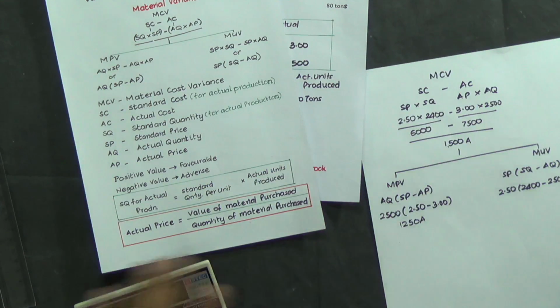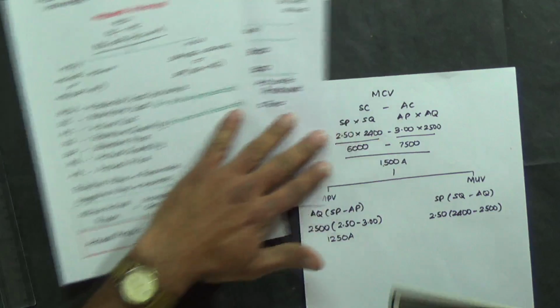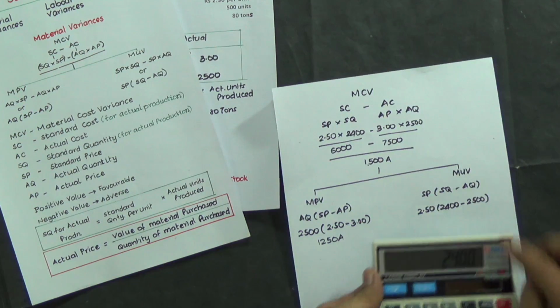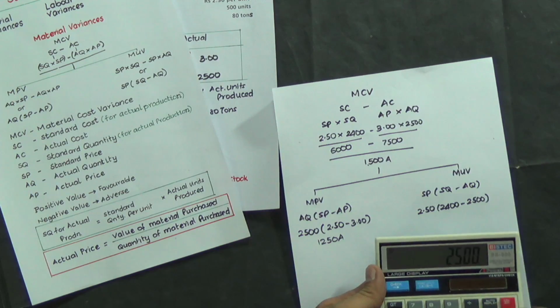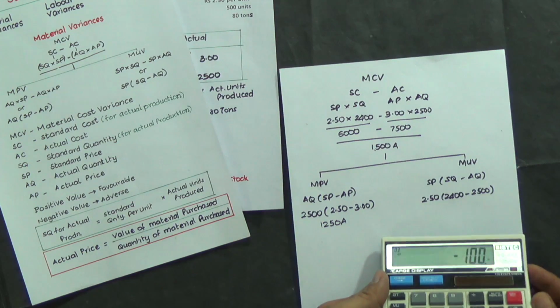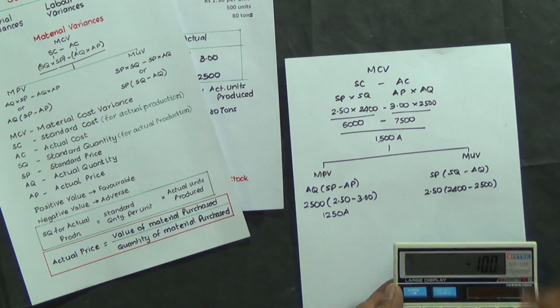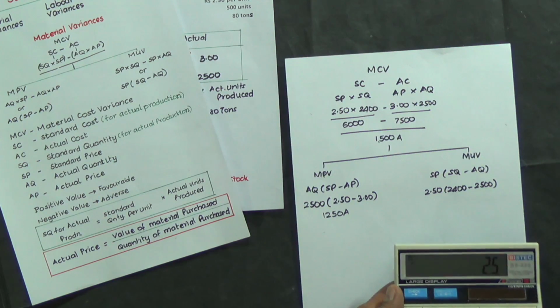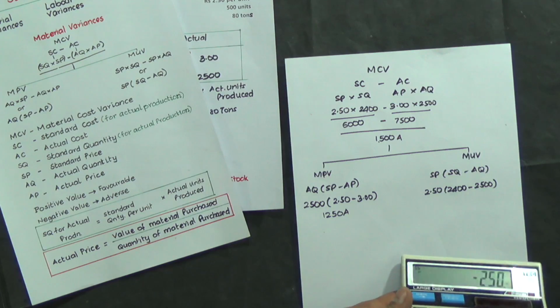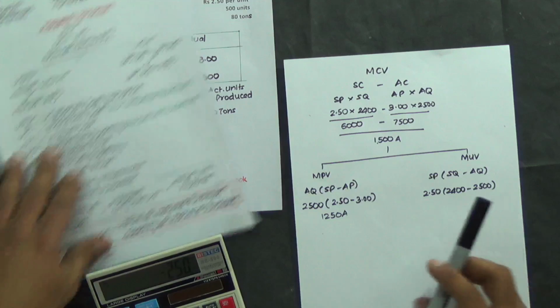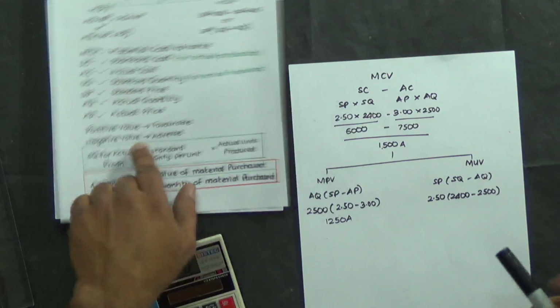Coming to the usage variance, 2400 minus 2500 gives us 100 adverse, 100 minus into 2 rupees 50 NP will give us negative 250. Negative means adverse.